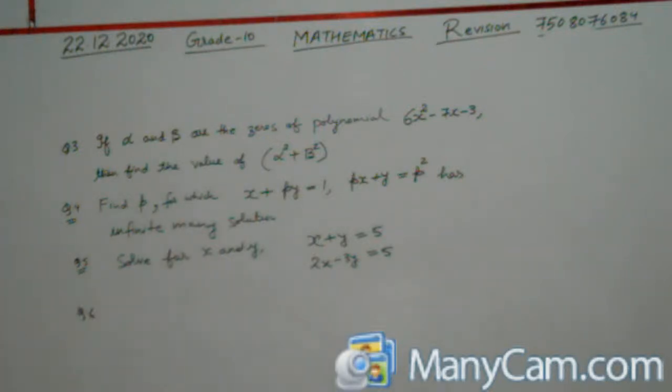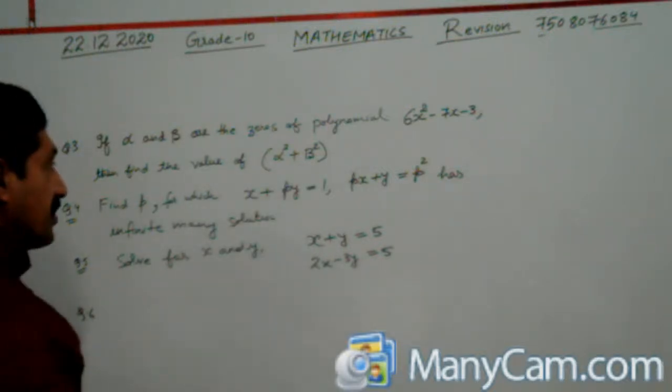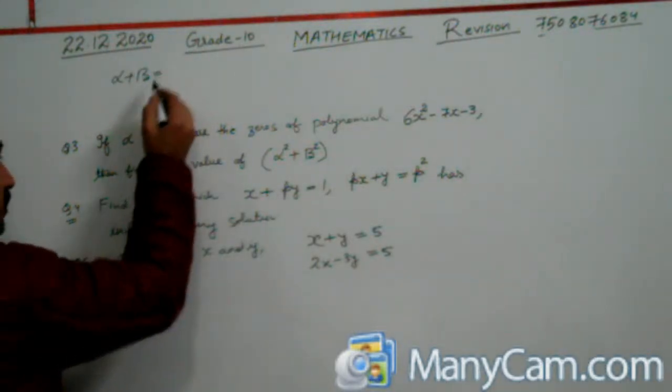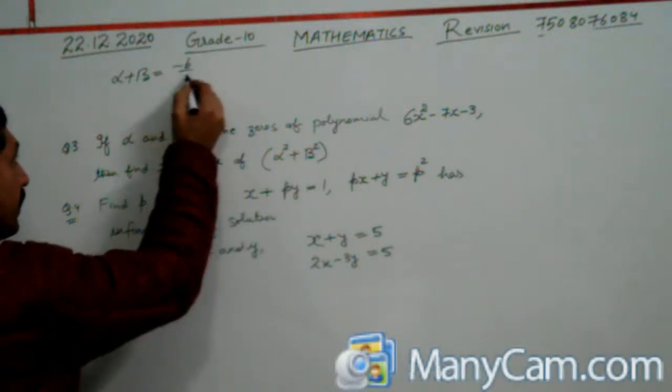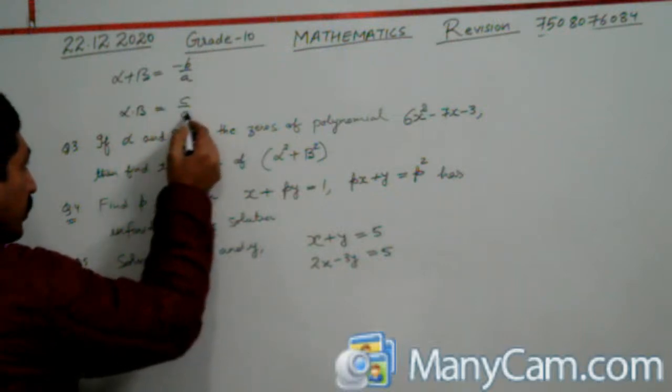We can use the relations: the sum alpha plus beta is equal to minus b upon a, and alpha into beta is equal to c upon a.